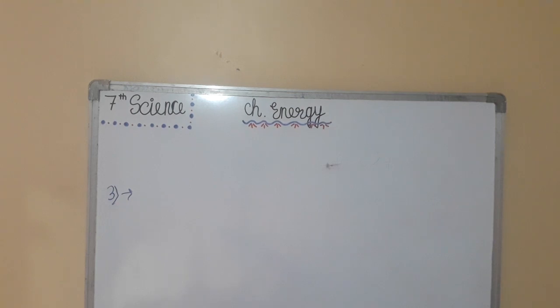A body of mass 4 kg is moving with a speed of 10 m/s. Find its kinetic energy. Given is that mass is 4 kg, velocity is, speed means velocity, so velocity is 10 m/s.